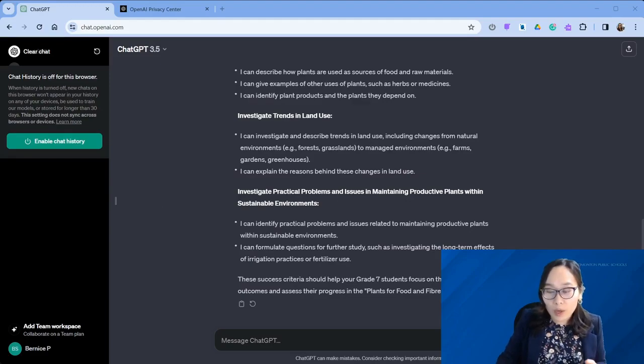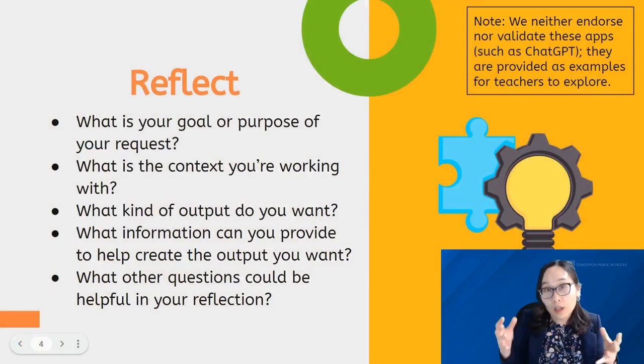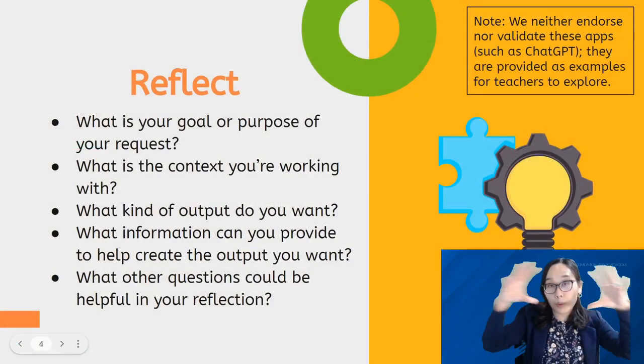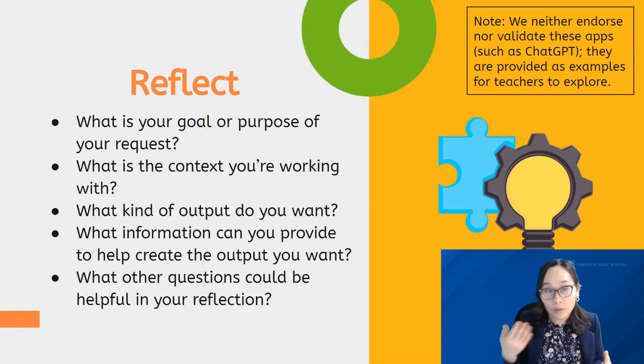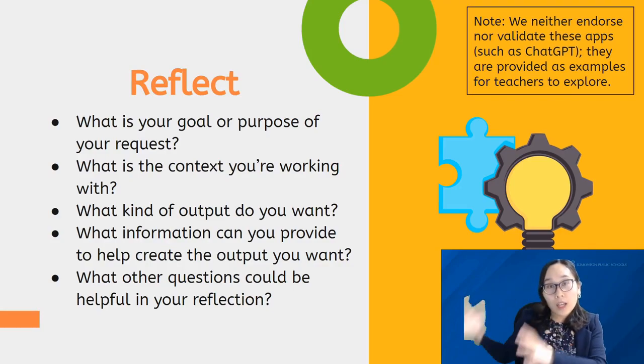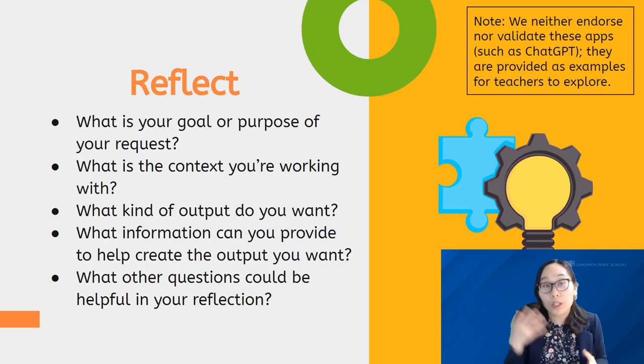But of course, the questions that I showed you earlier in terms of reflecting will help with figuring out what information am I going to put into the prompt, but also what information can I continue to feed it through the conversation. And so again, just remember the more information and context you provide, the better it's going to do with having an output match the kind of output that you're looking for.